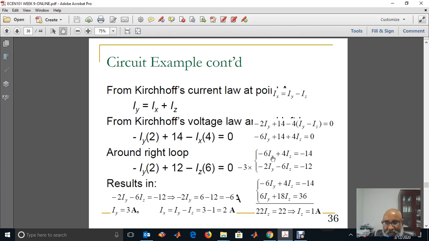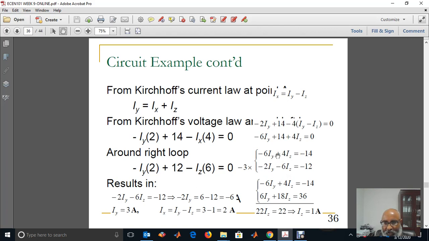So one equation is minus 6Iy plus 4Iz is equal to minus 14. And another equation from the right loop is minus 2Iy minus 6Iz is equal to minus 12. So I have two equations with two unknowns.